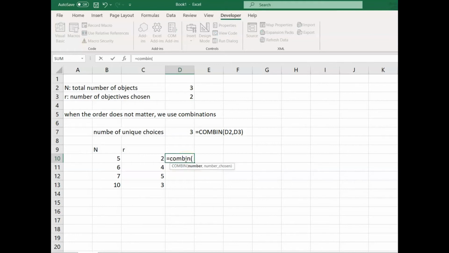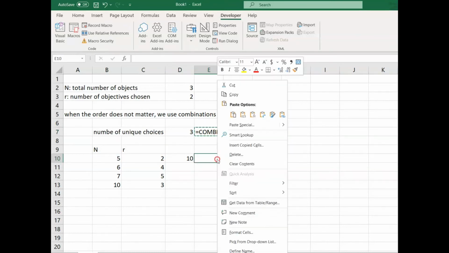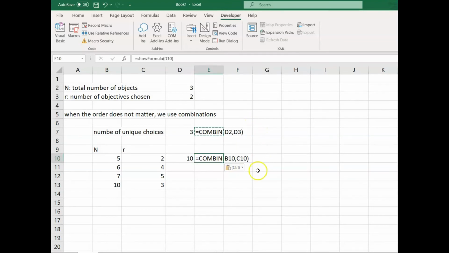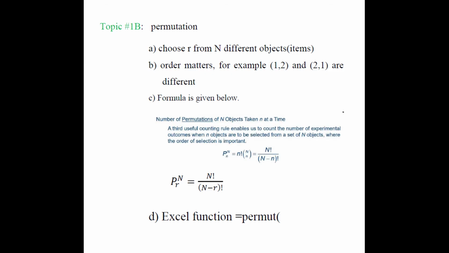Number is 5, comma, we enter 2. In total, we have 10 unique combinations when order does not matter. So we copy the formula down. If 3 out of 10, we have 120 different choices. Okay. If we look at the formula, then we understand how to calculate the combinations.